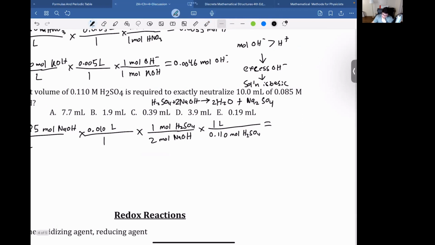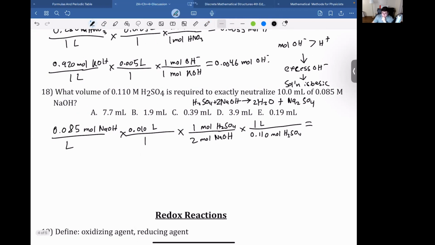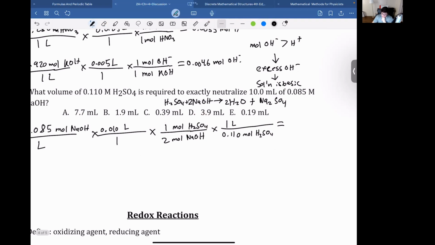And then we get the answer of 3.9 milliliters. Oh, wait, this is in liters. So if we wanted milliliters, sorry, then we convert to milliliters. 1 liter is 1,000 milliliters. Then we get 3.9 milliliters. And the answer is D.